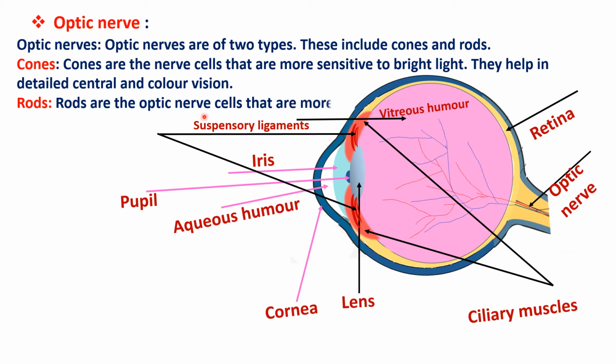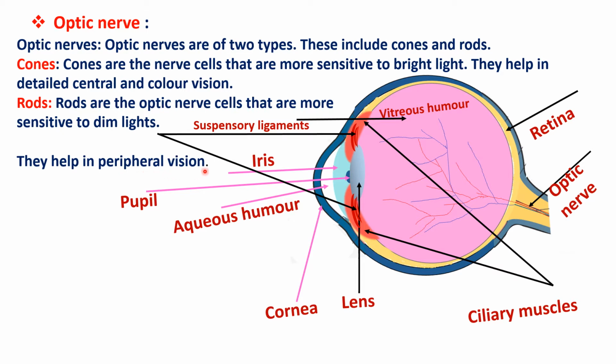Rods are the optic nerve cells that are more sensitive to dim lights. They help in peripheral vision. Okay, these are the major parts in the structure of eye.